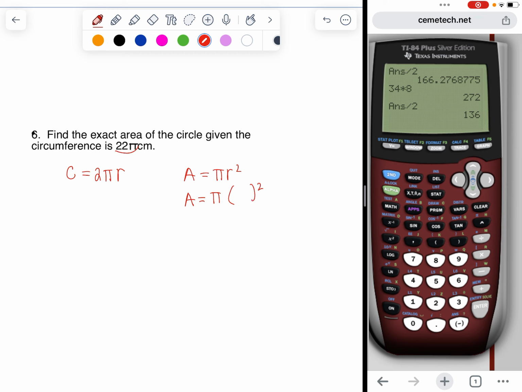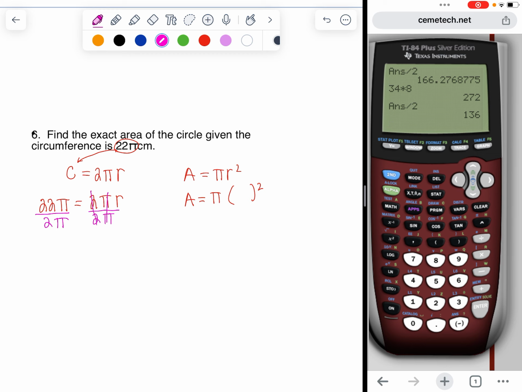So I'm going to take this 22 pi and plug it in here. So 22 pi is equal to 2 times pi times radius. I want to solve this equation for radius so I can plug a radius into my first equation. To get radius by itself, I'm going to divide by 2, and I'm also going to divide by pi. 2 divided by 2 is 1.